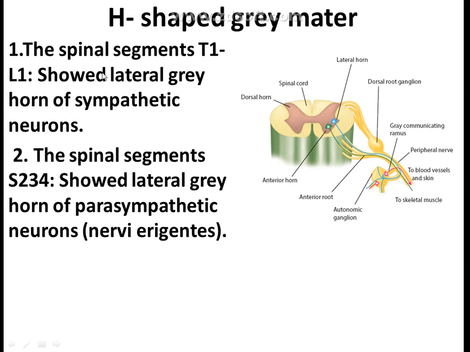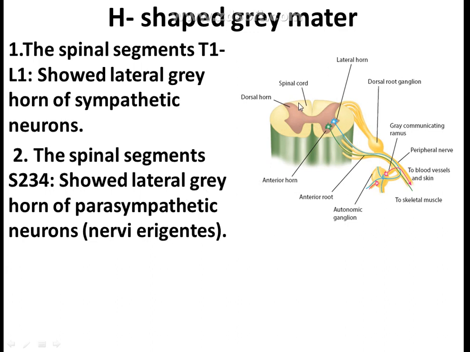Number one, the segments from T1 till L1, which means thoracic segments down to the first lumbar segment. And number two, spinal segments sacral second, sacral third, and sacral fourth.